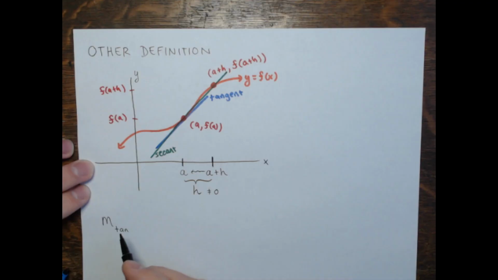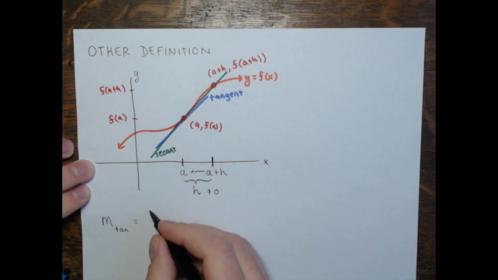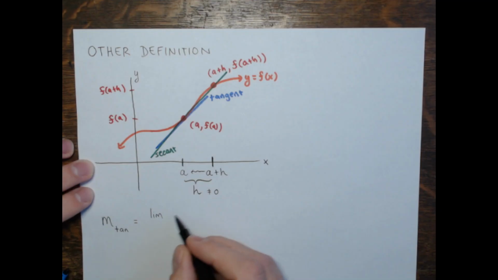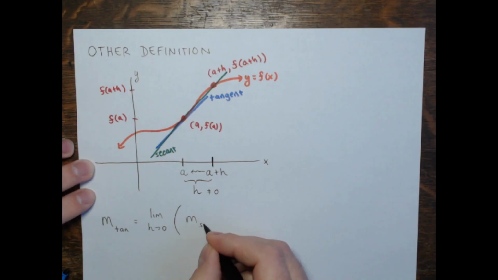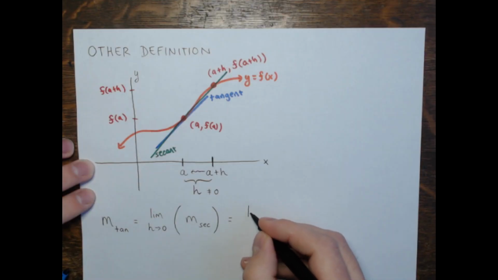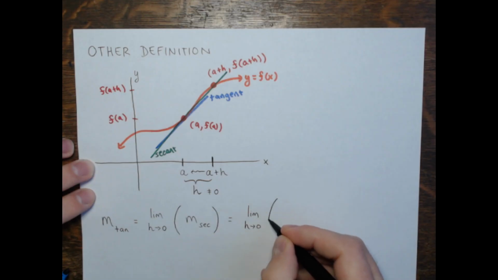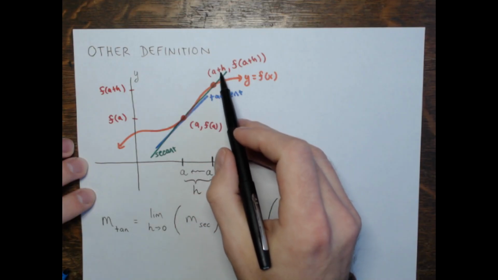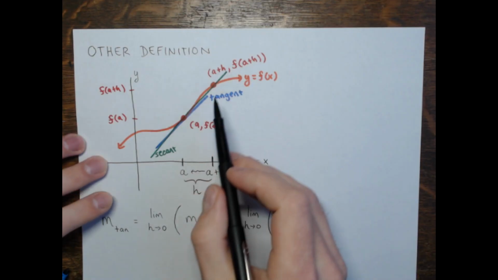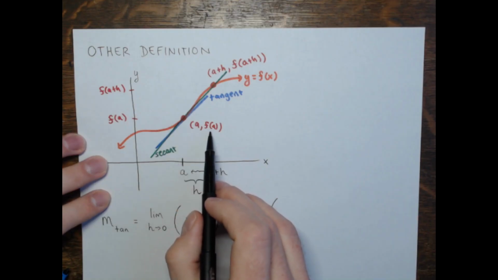The slope of my tangent line will be the limit as this horizontal change, this H value, goes to 0 of the slope of these secant lines. But here, so we got the limit as H approaches 0. But here, the secant line goes through this A plus H, f of A plus H point, and A, f of A point.